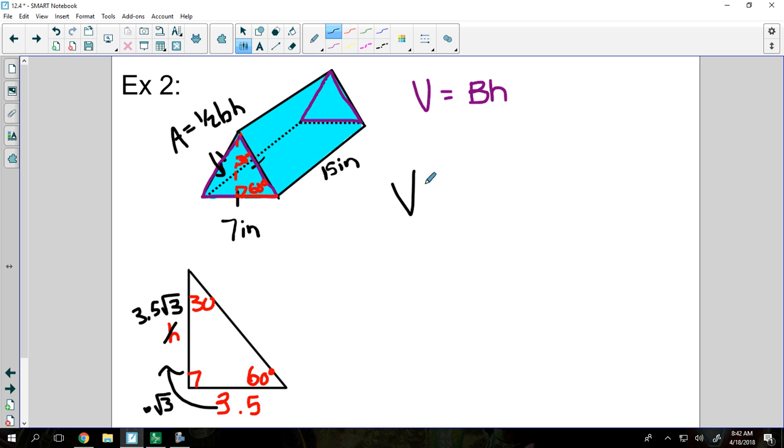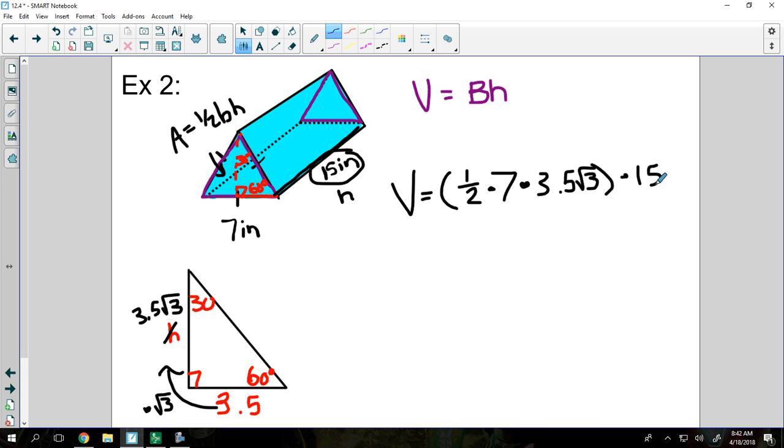So when I go to my formula, volume is area of the base, a half, times the base of the triangle, which is 7, times the height of the triangle, which was our 3.5 root 3. And then times the height of the whole thing from base to base is 15, so that would go there.